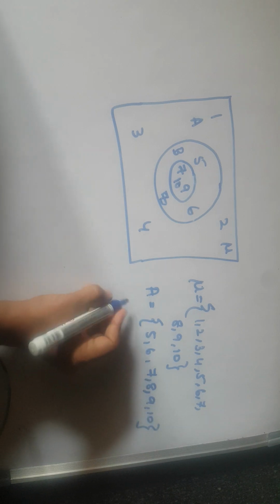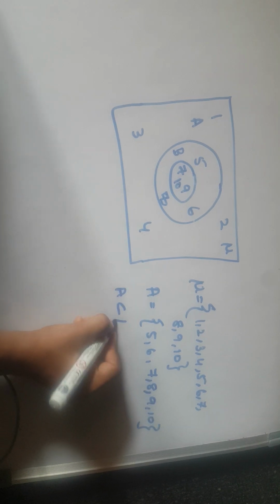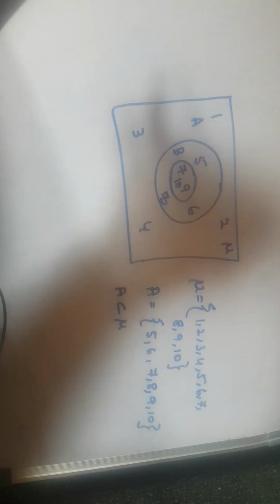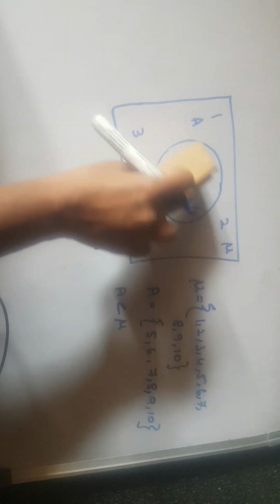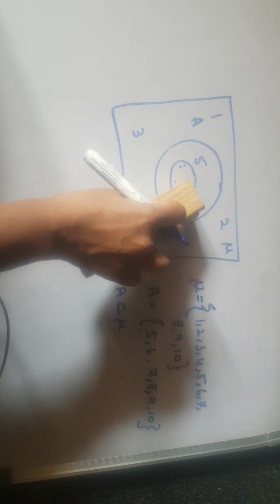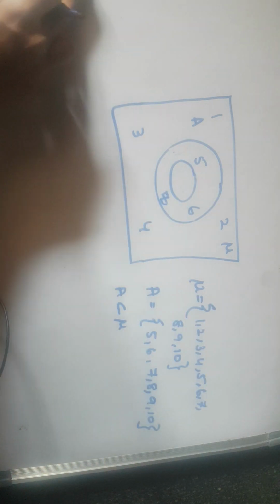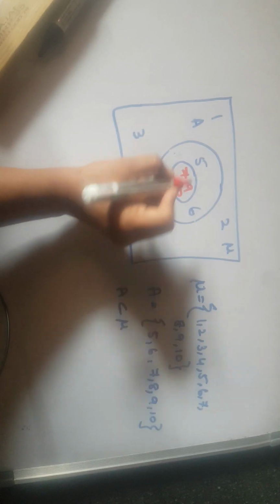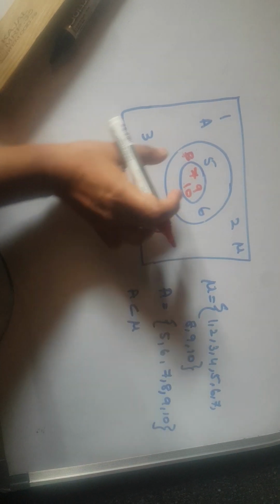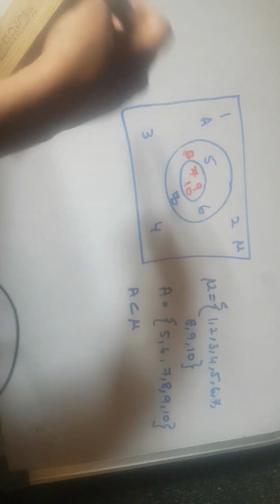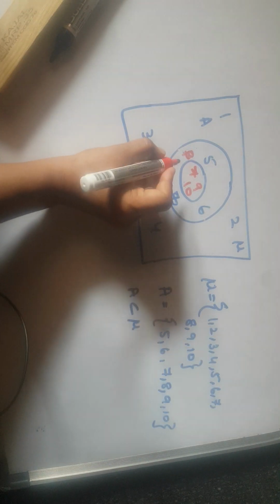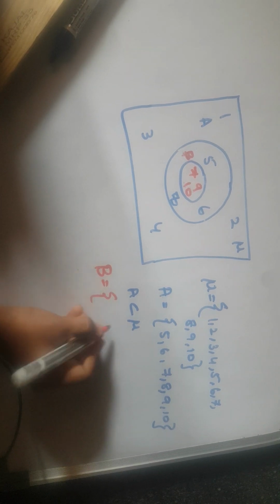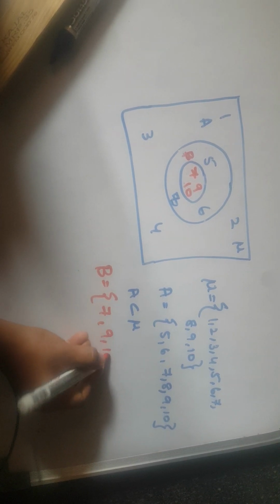Here A is represented as a subset of the universal set. Again in that set, I'll represent this. In the A set you have another set B. B has the elements 7, 9, 10.